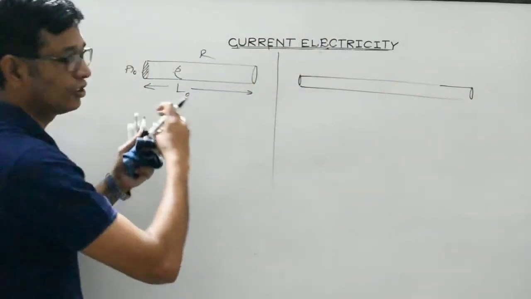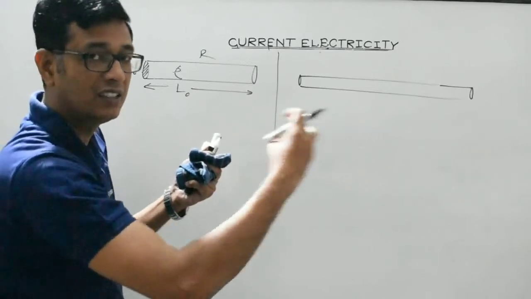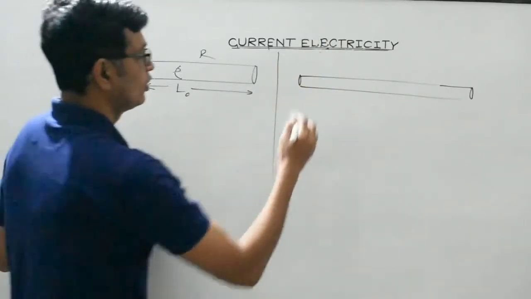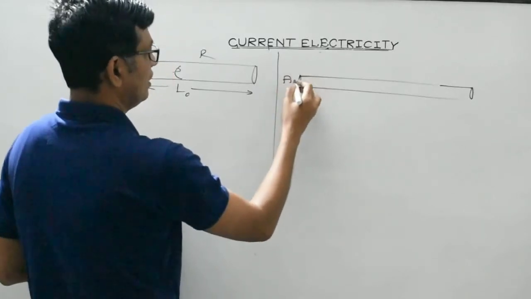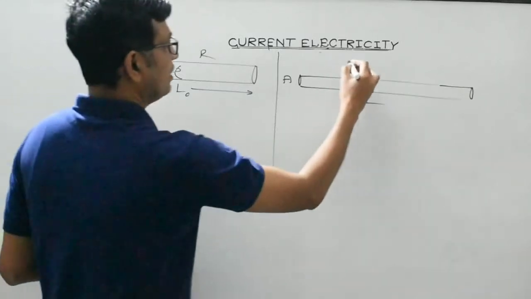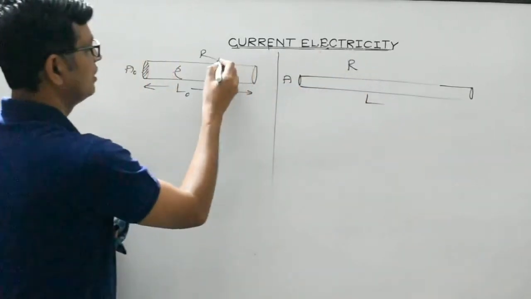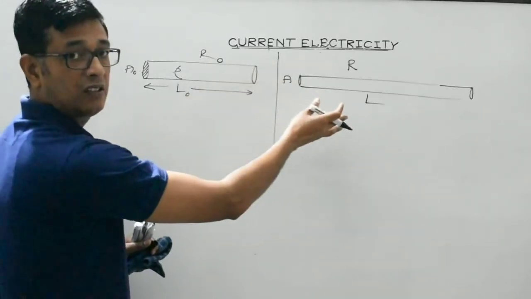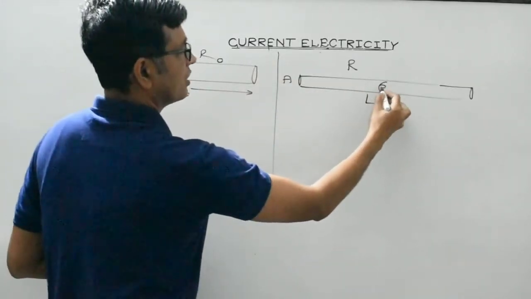Now obviously on stretching the wire, the length will increase, the cross-section area will keep on decreasing. So suppose the new area is A and the new length is L. The new resistance is R. Here the original resistance is considered to be R naught. It is of the same material, so resistivity will remain constant.